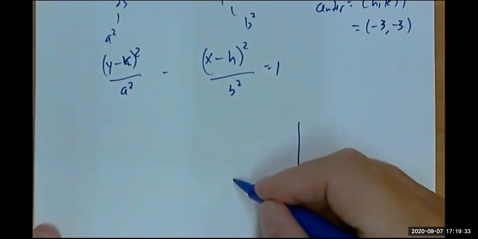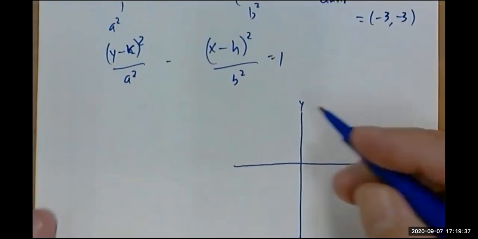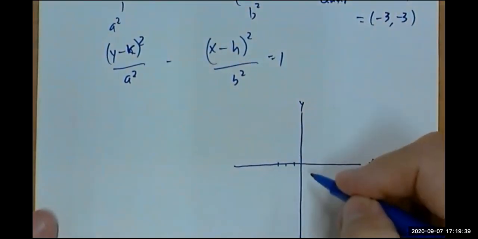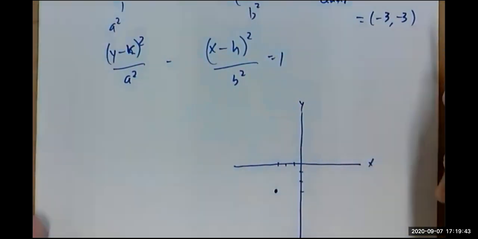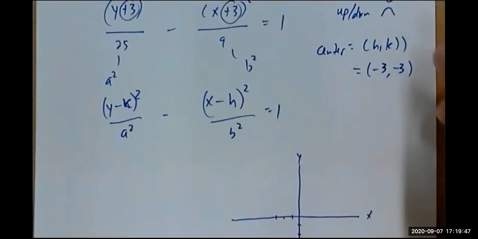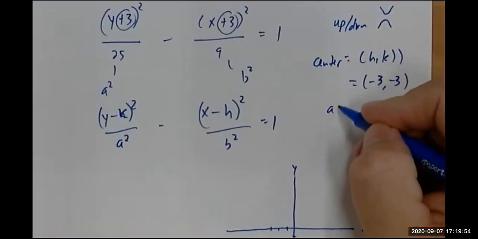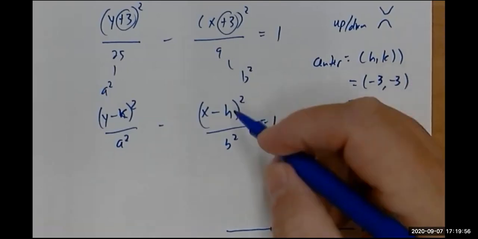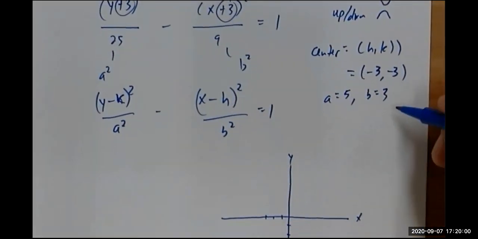So really, the center of the hyperbola is going to be here at minus 3, minus 3. Now we know a squared is 25, so a is 5, b squared is 9, so b is 3.